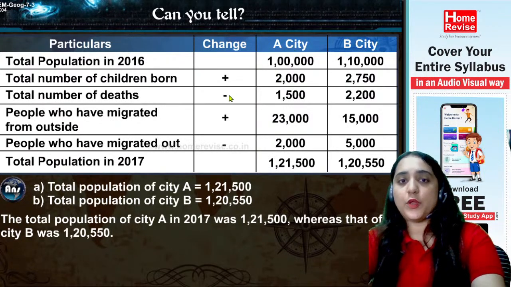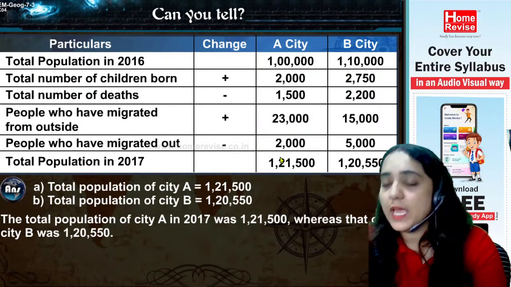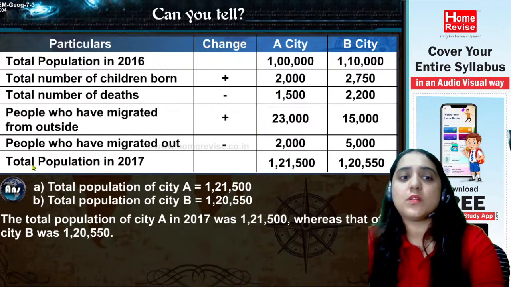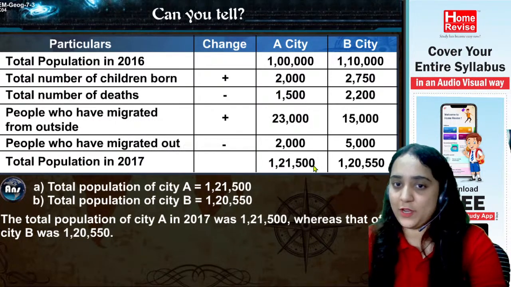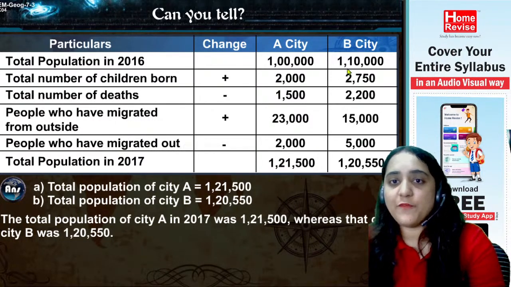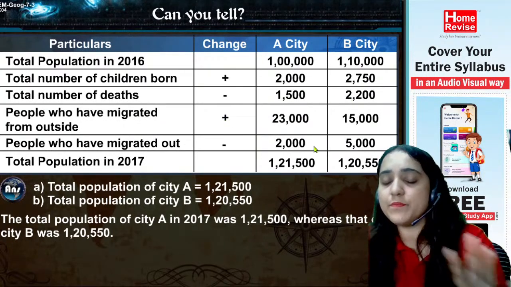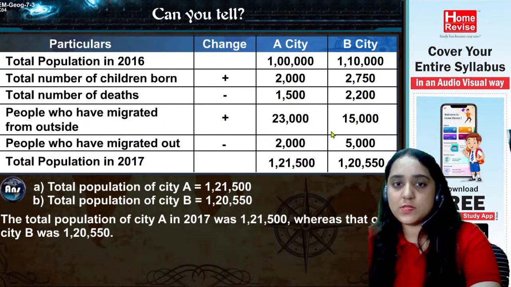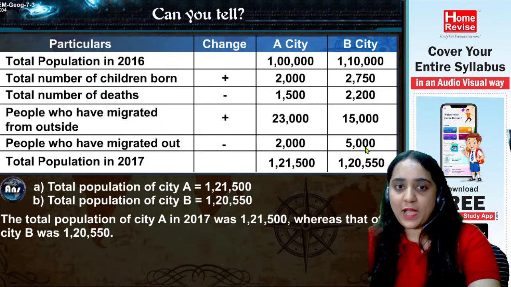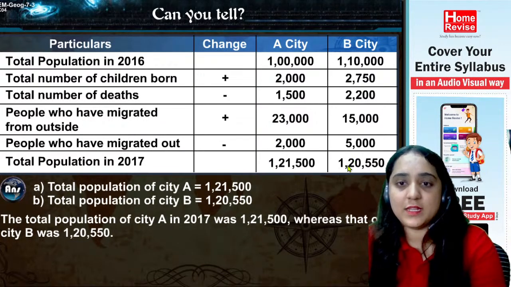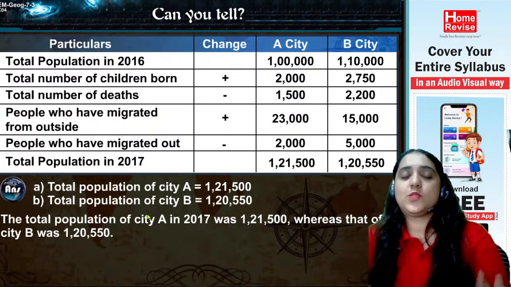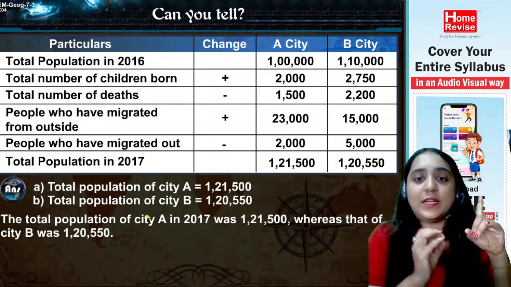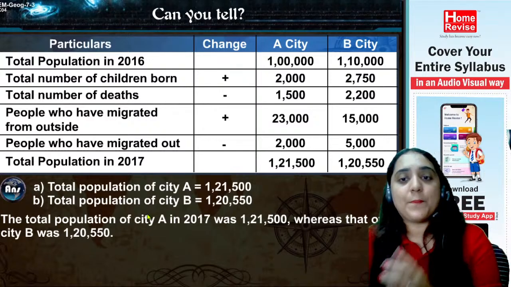For A city, after doing all the calculations correctly, you can find the total population in 2017 is 1,21,500. And for B city, after adding, subtracting 2,200, again adding the migrated citizens of 15,000, and then again subtracting 5,000, the total amount here is 1,20,550. Okay, so A city is having 1,21,500 population.